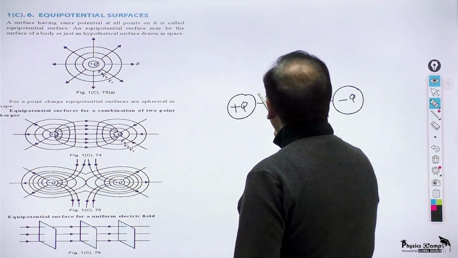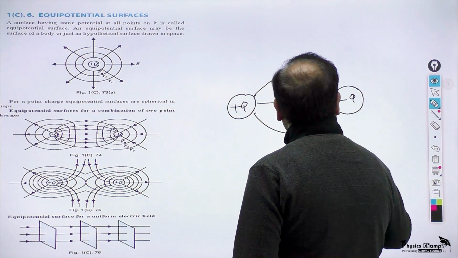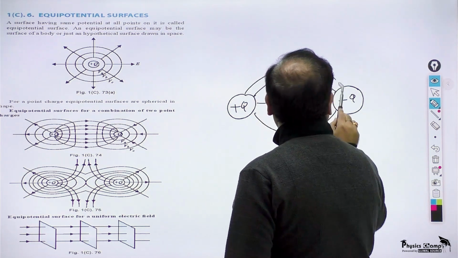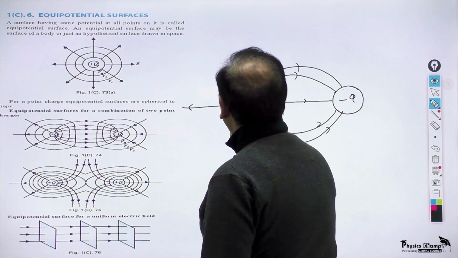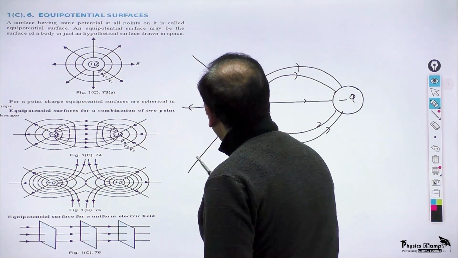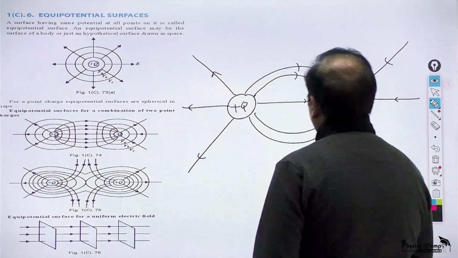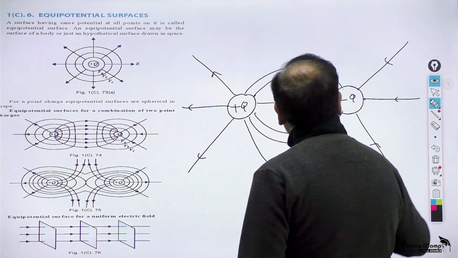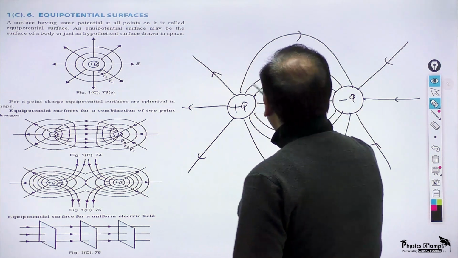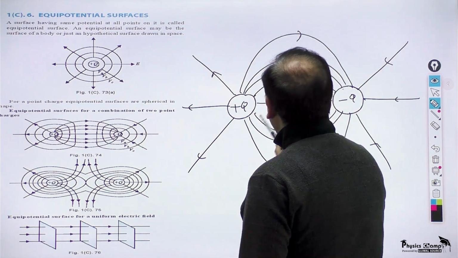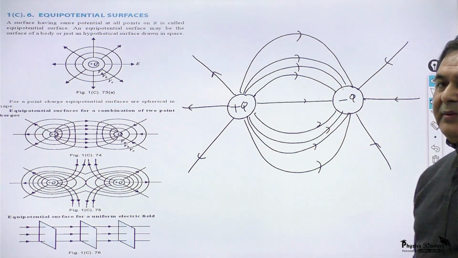They start from the positive charge, and they start or end normally to the conductor, and otherwise it is radial here, and coming radially inward here. Electric lines of force are like this in the case of a positive charge and a negative charge.